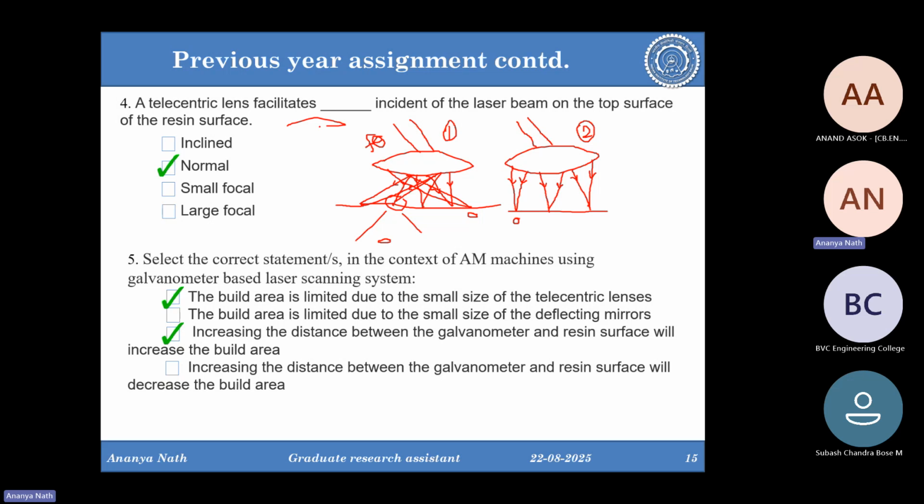If you put the lens here instead of here, and this is your build plate, obviously you can cover more area rather than in this case. But your galvo scanner, or your F theta lens, also should have the capability to focus from far away.